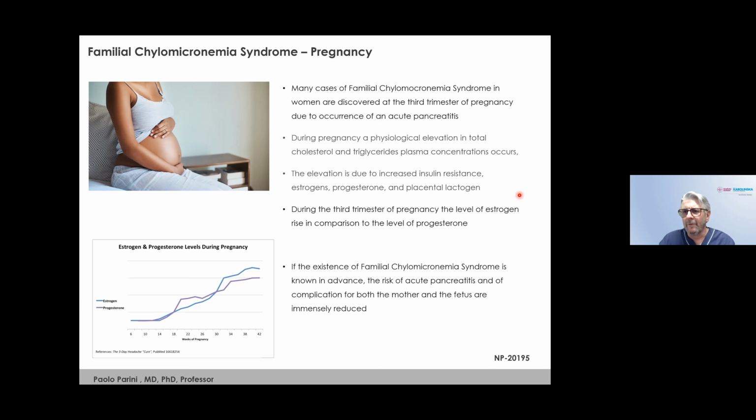Insulin is a hormone that helps in the hydrolysis, in breaking down the triglyceride, and helps us keep the triglyceride down, especially in the postprandial phase. One peculiarity of the third trimester is that the estrogen level increases in relation to progesterone, and this really can precipitate the condition.